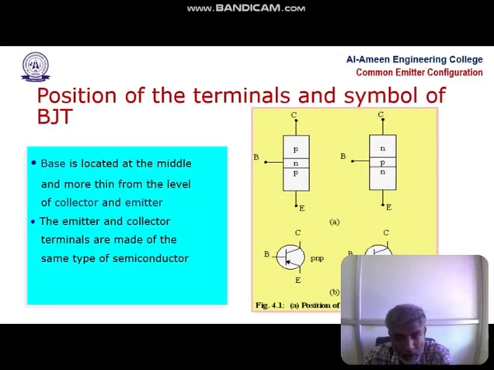This is the PNP transistor construction. In an NPN transistor, N type is connected to the collector, P type is connected to the base, and N type is connected to the emitter. These are the configurations of the PNP and NPN transistors.